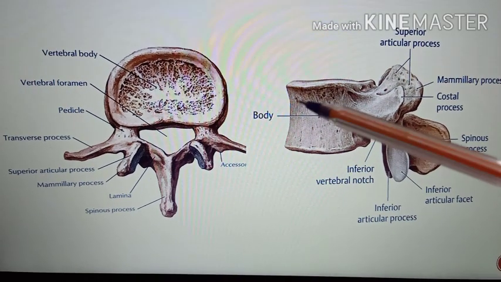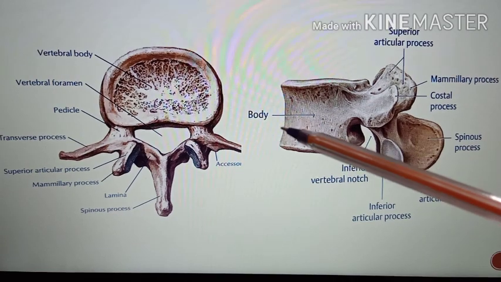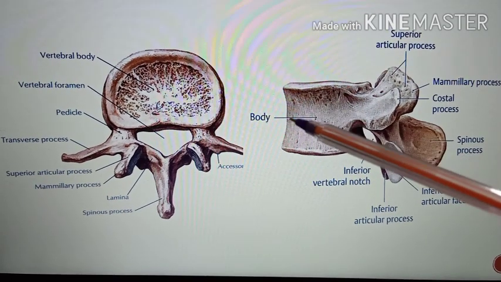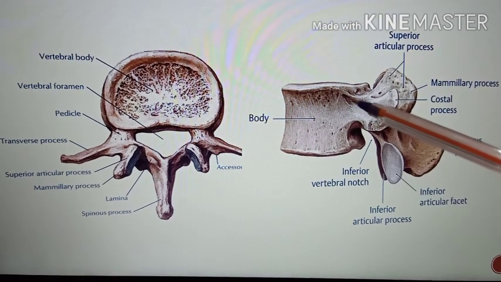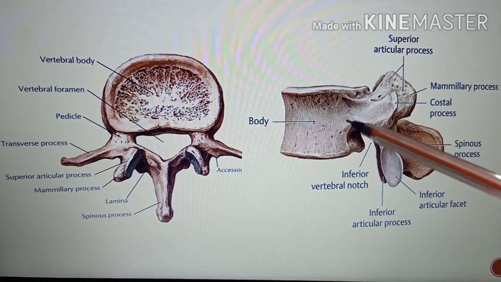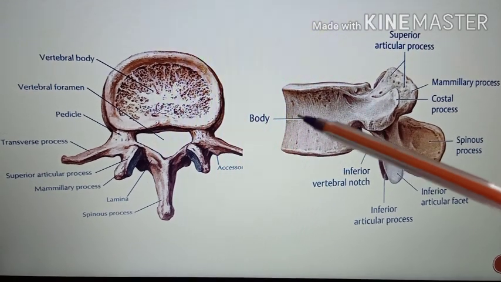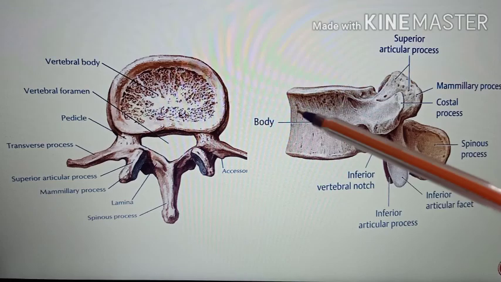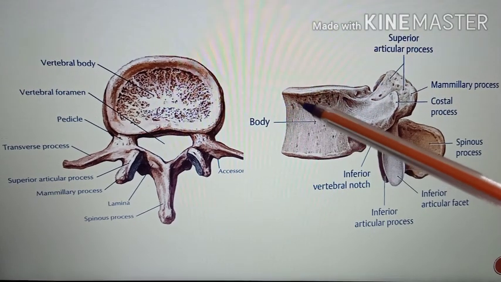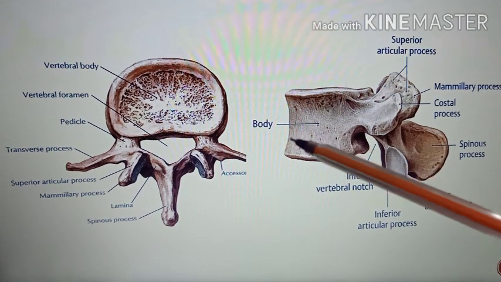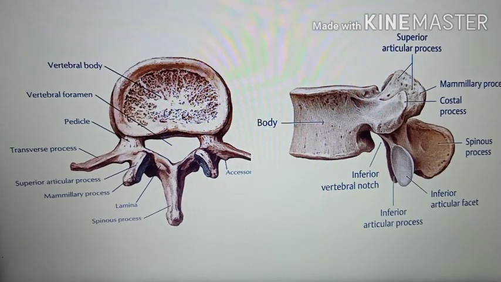If you see the height of the body, it is slightly greater anteriorly than the posterior aspect. Because the anterior aspect is a little larger, there is forward convexity of the lumbar spine.